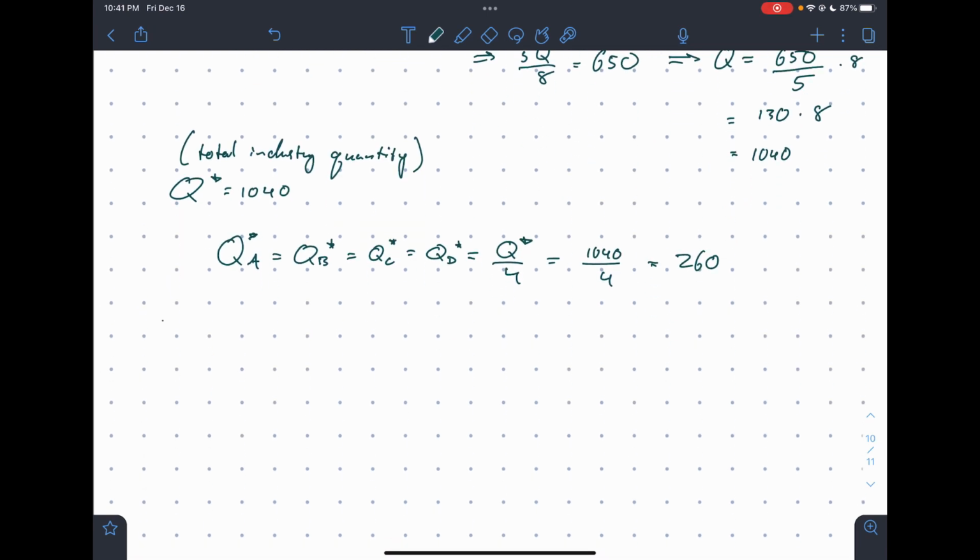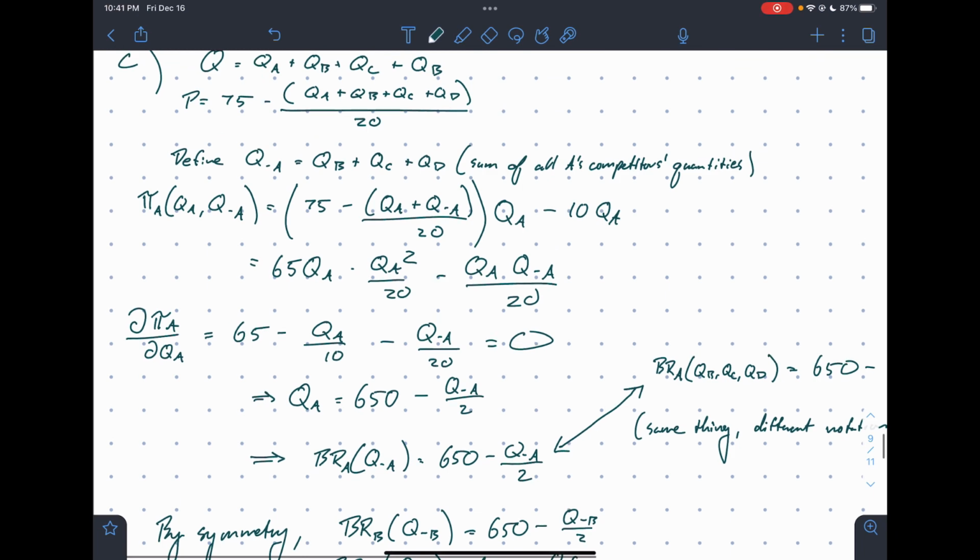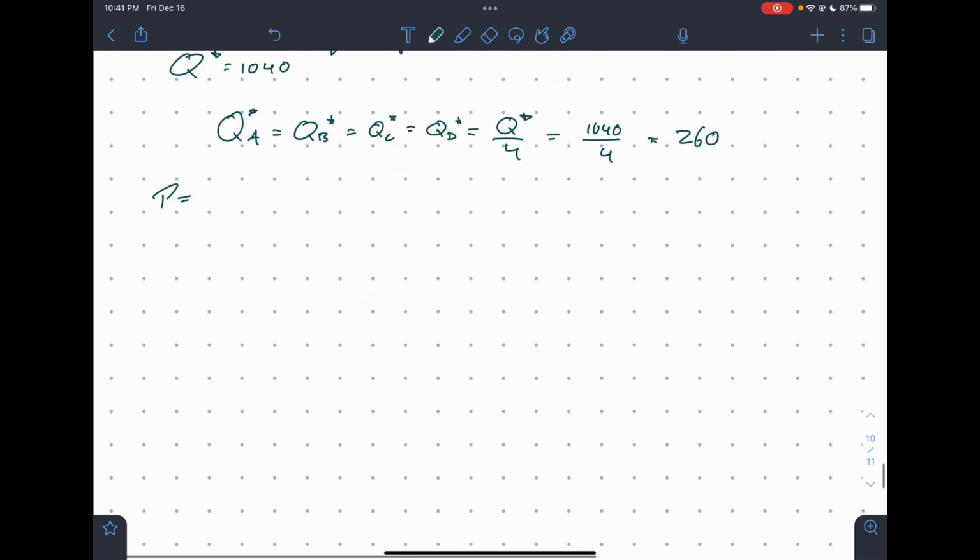So the market price is going to be, I forgot what it was, 75 minus the sum of the quantities divided by 20. Okay. So 75 minus 1040 divided by 20. 20 times 50 is 1,000. 20 times 2 is 40.